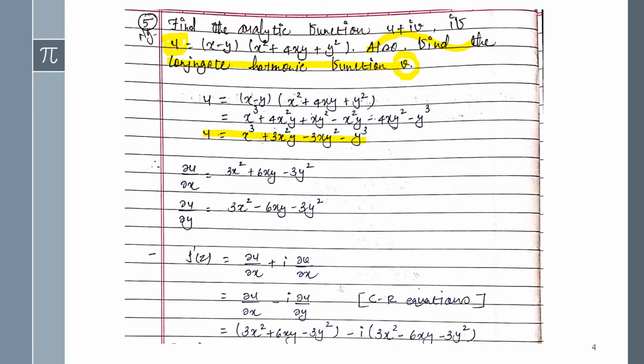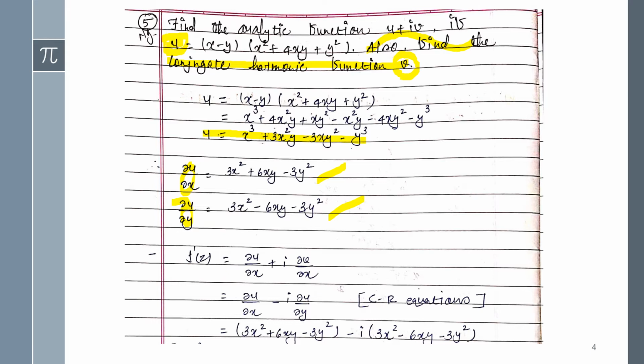So in the first case, you know the components which you have to find, that is u with respect to x and u with respect to y. So I'm finding here u with respect to x and u with respect to y, and then in the second step you have to find its derivative, that is f dash of z. So the formulas you must already know, I think.